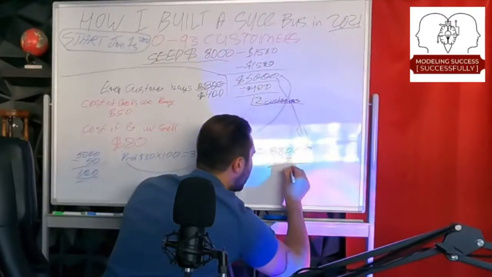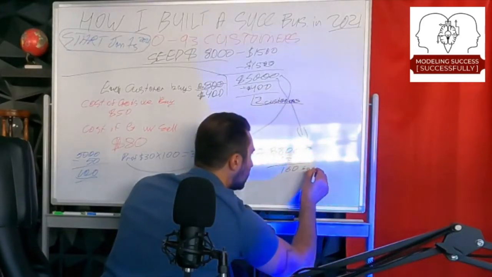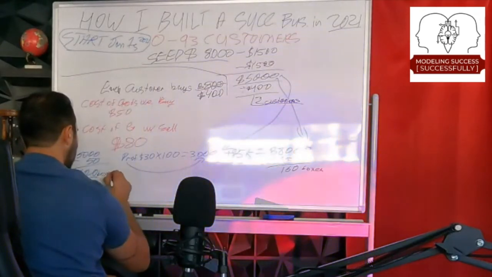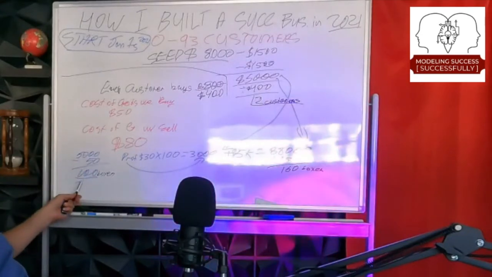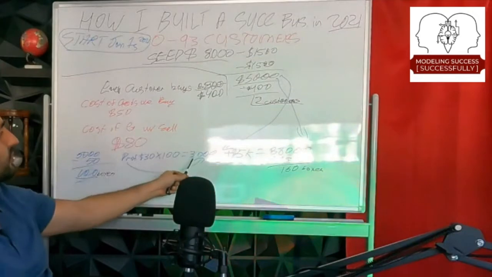What I did was I rinsed and repeated the process. I got the 8,000, and when you get the 8,000, you divide it by $50, the cost of your item. Now you have 160 boxes, let's call it. You remember how your 5,000 was buying you 100 boxes, and your 100 boxes at $30 profit got you your $3,000 profit.